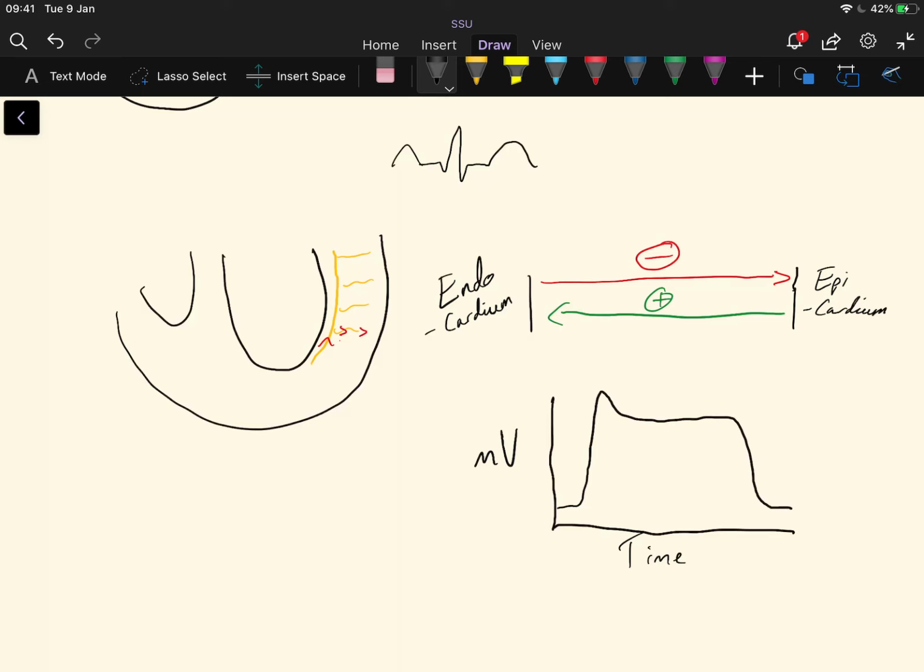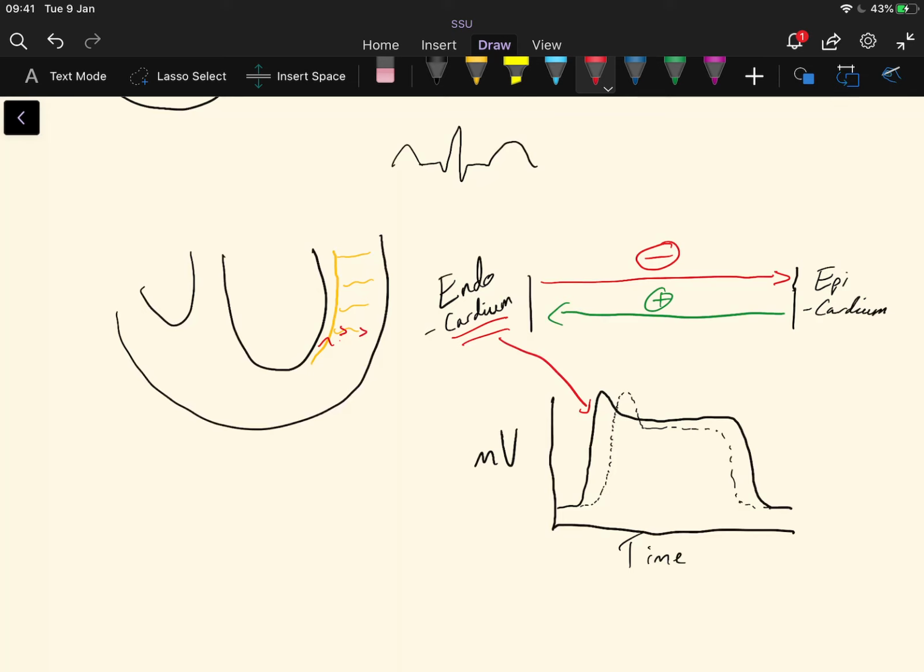But the epicardium, I'm going to draw it with a dotted line, starts afterwards and finishes beforehand. So the way to think of it is that the endocardium is super keen, the super keen medical student that is the first one at the lecture and the last one to leave. So it's the first to arrive, last to leave, first to depolarize, last to repolarize.